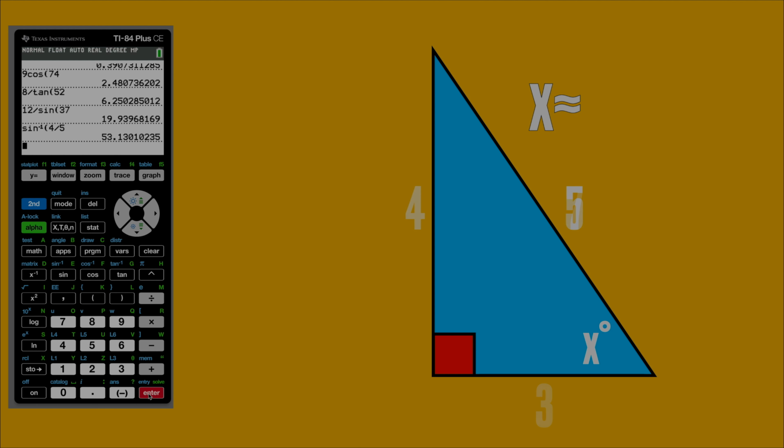All right, let's try it again. In this case, this is going to be adjacent over hypotenuse, so it is cosine. The cosine of x is equal to, sorry, not 7 over 3, 3 over 7.